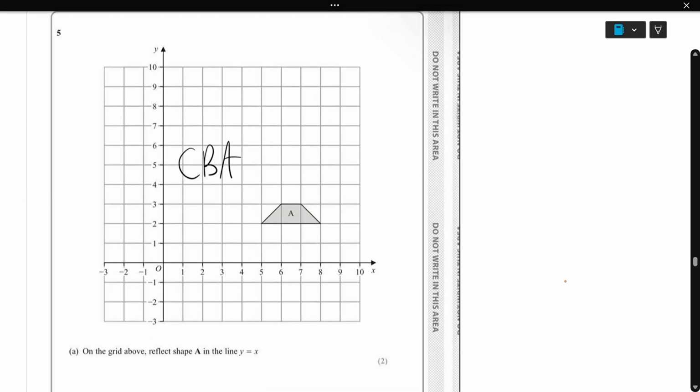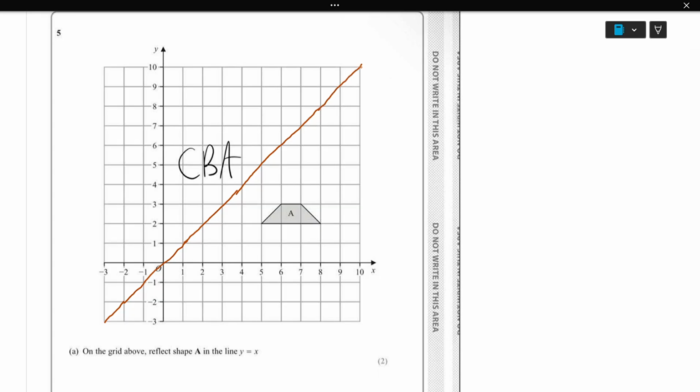Next one, question 5. On the grid above, reflect shape A in the line y equal to x. Y equal to x is going to be, so minus 2, this is the line for y equal to x. Here, just reflecting, so check 1 2 3.